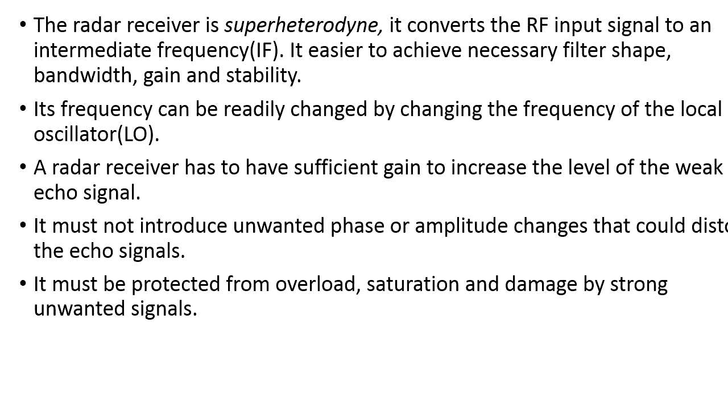And the unwanted signals, which we call clutters, we need to eliminate by using filters. And we use some more circuits, as I already explained, that is CFAR, in order to protect from the overload of the clutter signals. Clutter signal is the unwanted signal present in the received echo signal of the moving target.